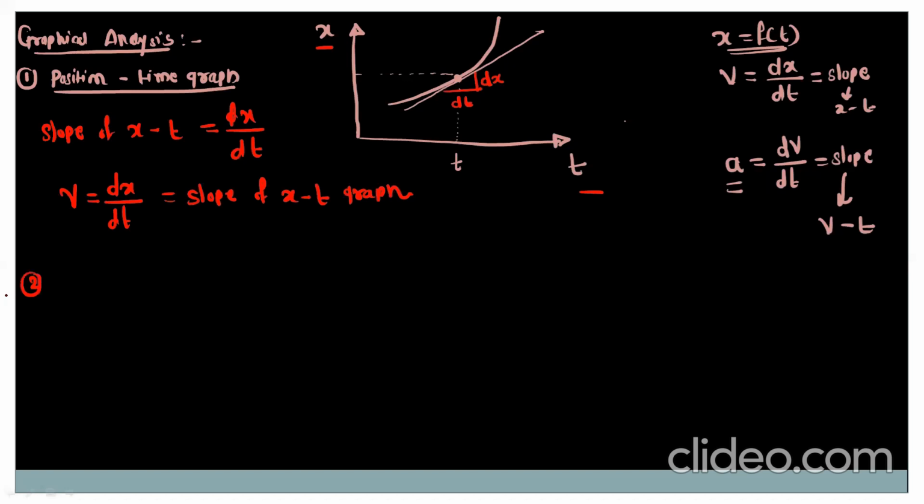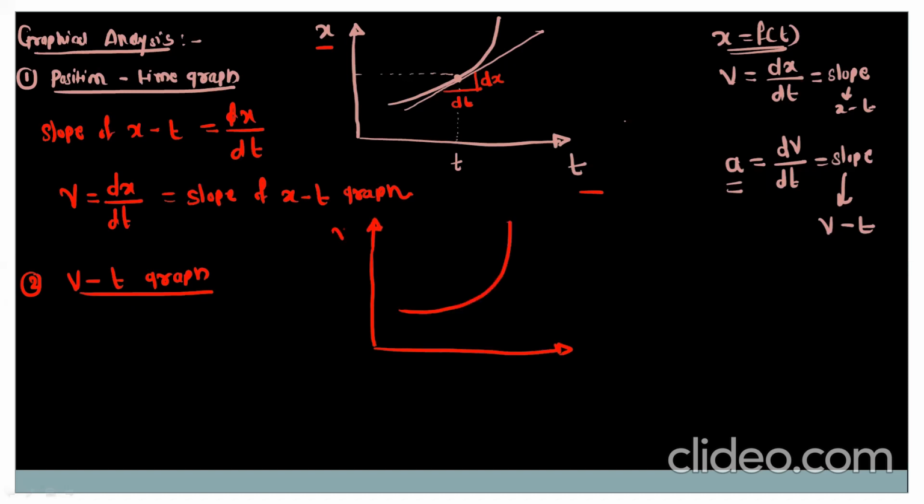Now suppose velocity time graph is given, and if you want to find out the acceleration. So this is the velocity time graph. The y-axis is the velocity, x-axis is the time. At a particular point, if you want to find out the acceleration of that particle, find out the slope of the tangent line.